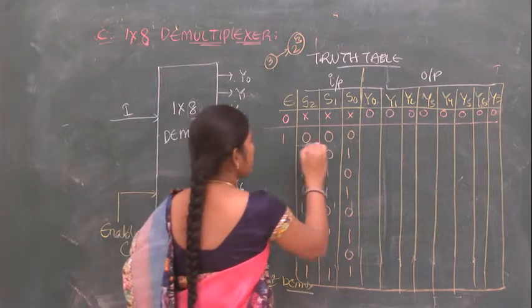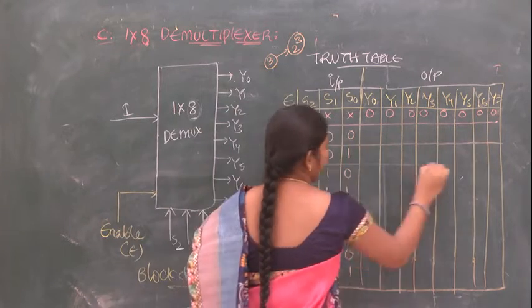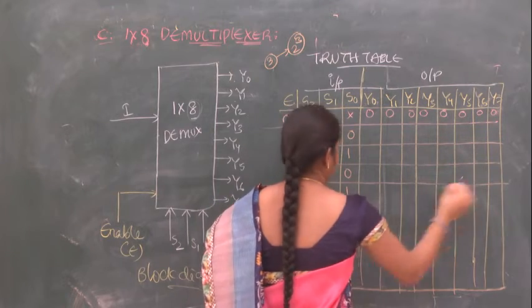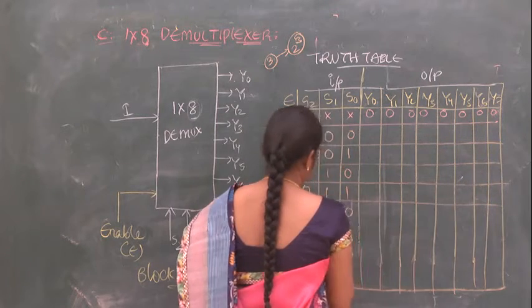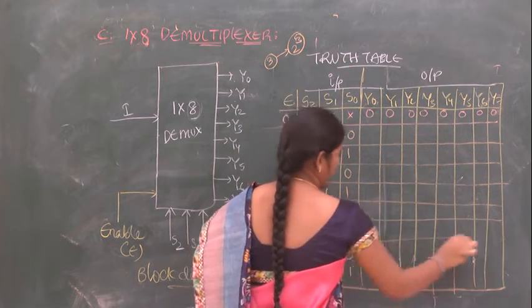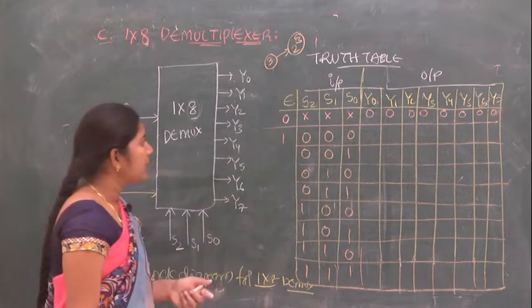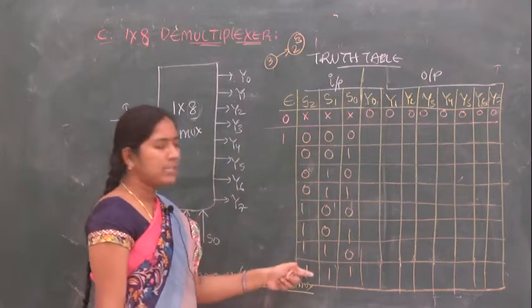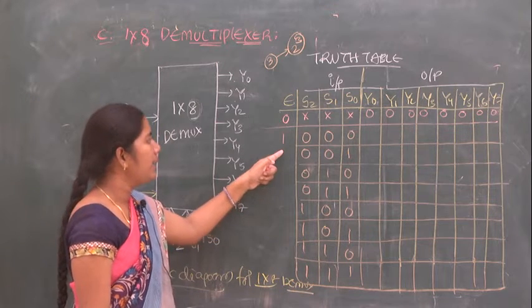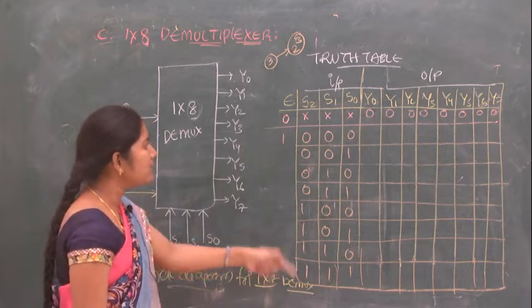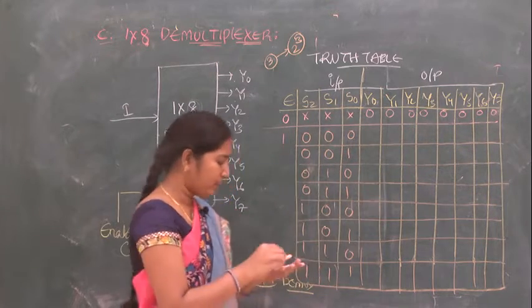Right. Now the thing is, for all these combinations, enable is high, and for all these combinations, we need to find what the output value is.